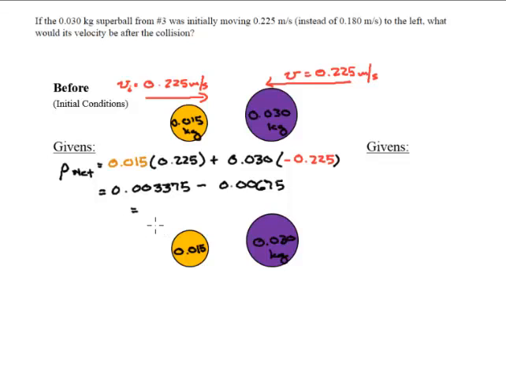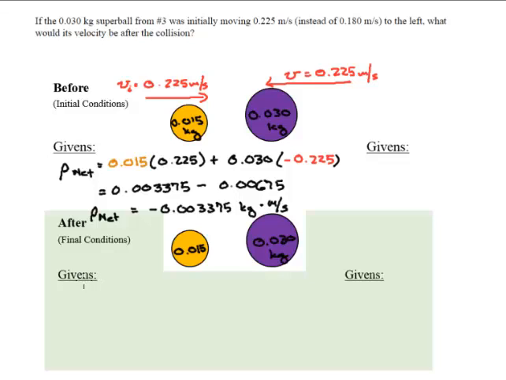And that means that the net momentum is going to be negative 0.003375 kilograms times meters per second.